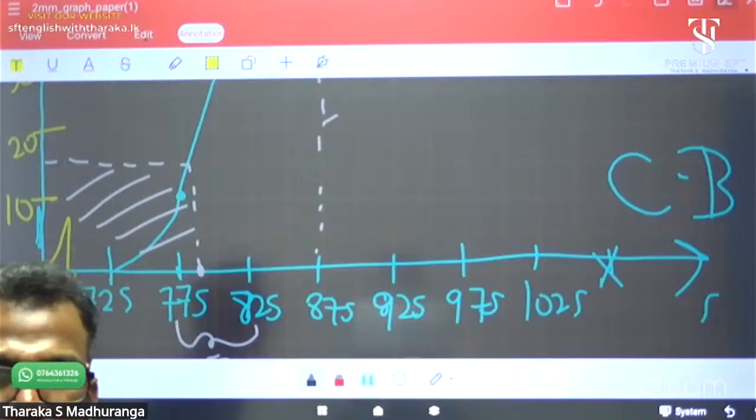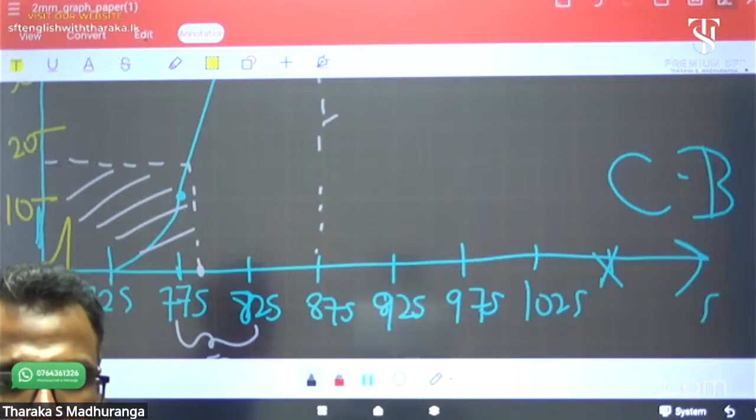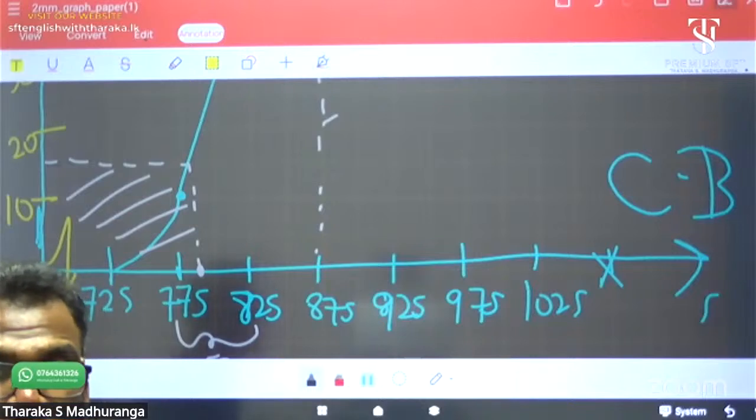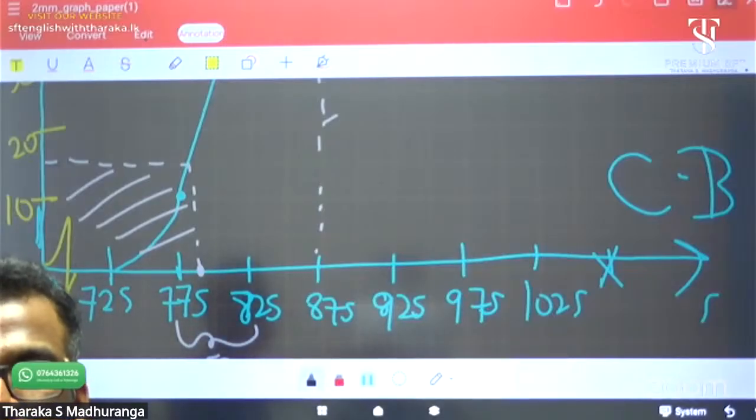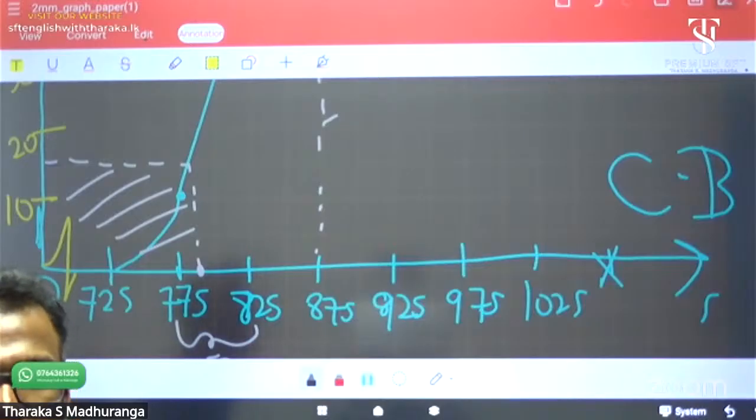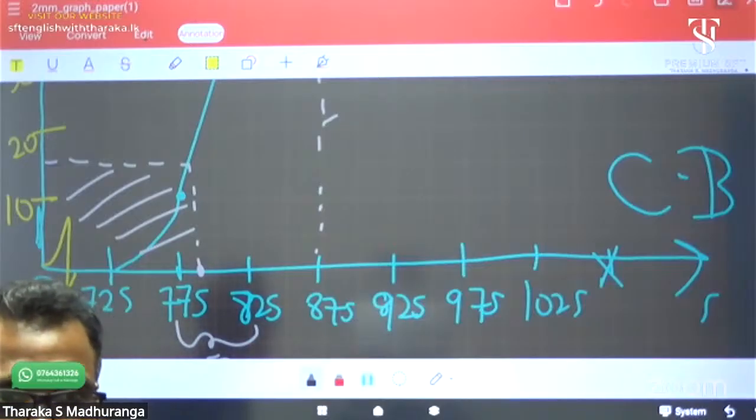Okay, what's your value? Quickly. Amina, least 20%, maximum weight. Dini, Fatima. Yeah, 785. Good.